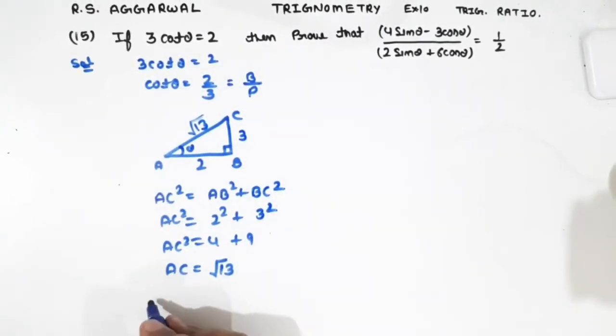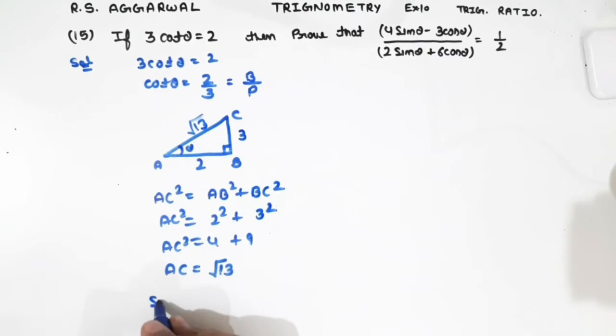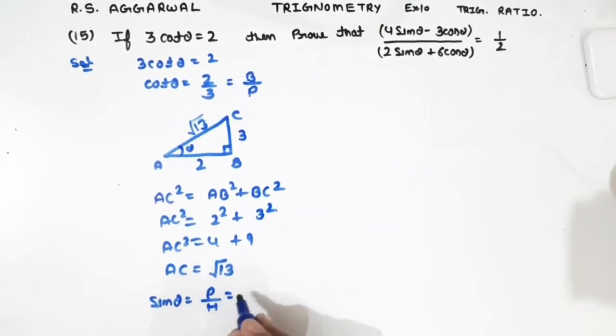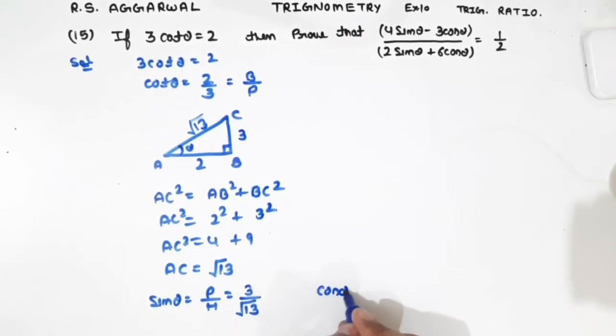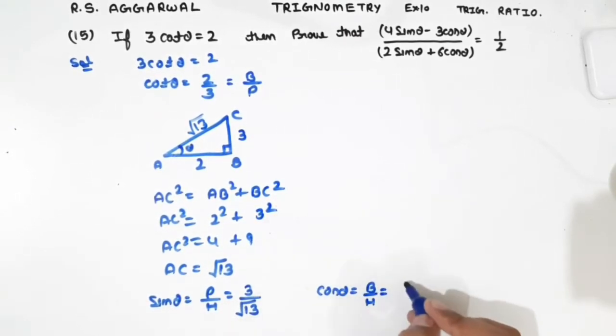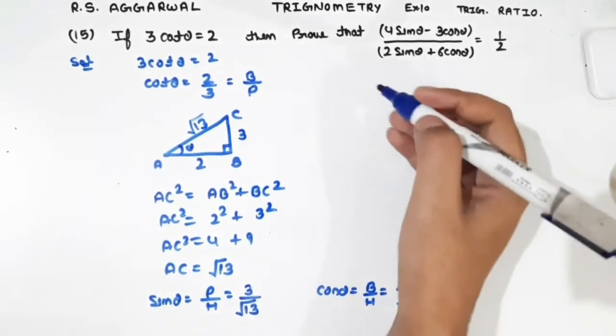So from here sin theta is given as perpendicular upon hypotenuse. So our perpendicular is 3 and hypotenuse is under root 13, and cos theta is given by base upon hypotenuse. So our base is 2 and hypotenuse is root 13.